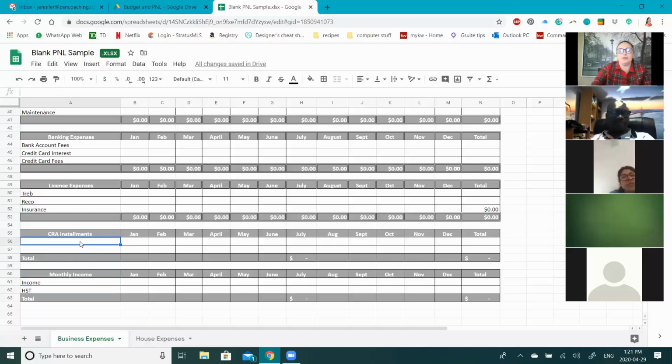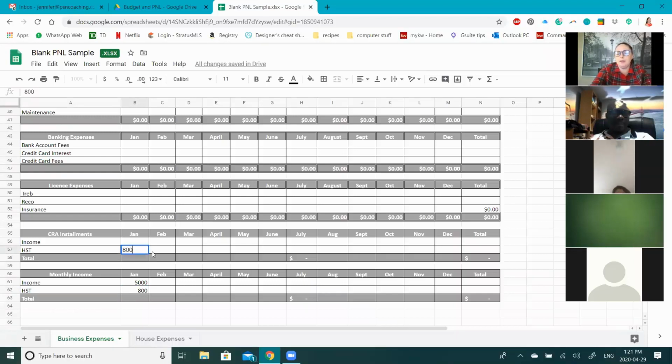For example, this should say income and this should say HST. So when I track what my income was, I might put 5,000 here. And then maybe my HST on that was, let's say, $800. So I know that in January, if I did just the one deal, my HST installment should be around 800.